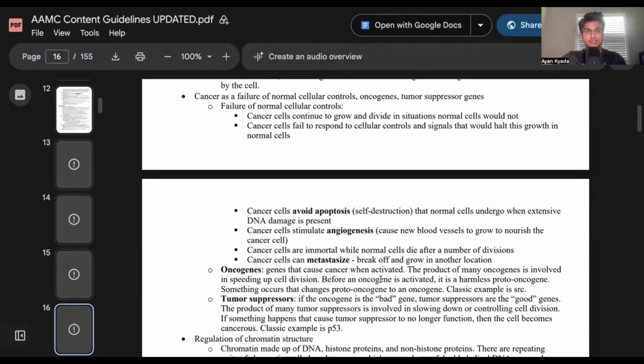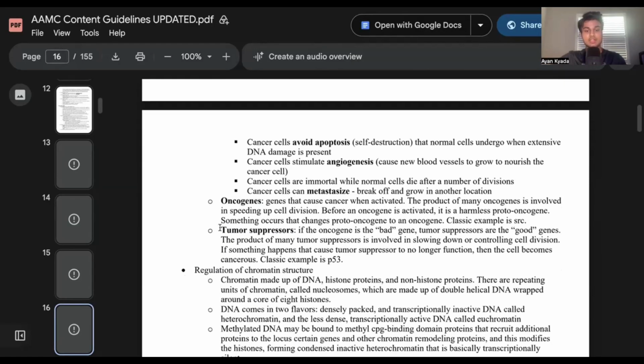And it bypasses all the regulatory proteins, usually by inactivating tumor suppressor proteins. So tumor suppressor proteins play a very big role in quality control. They play a very big role at the cell cycle checkpoints, making sure that all the DNA is replicated properly, that there's no genomic instability, that there's no DNA damage.